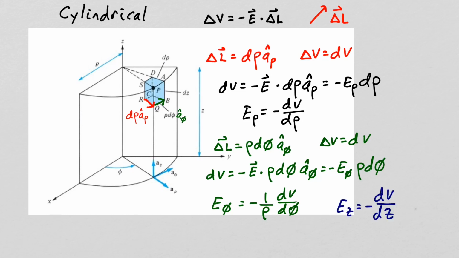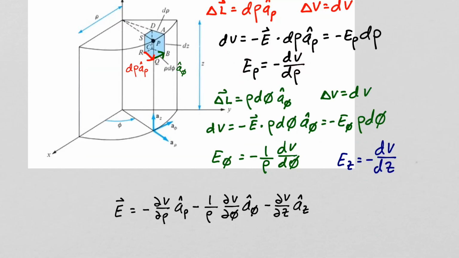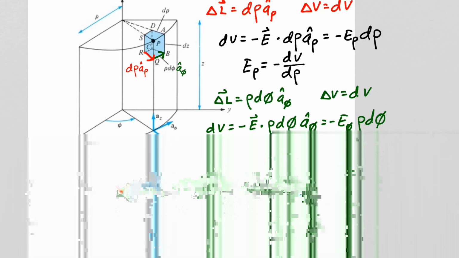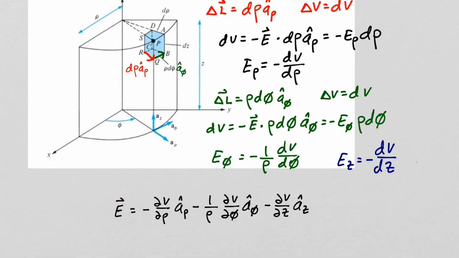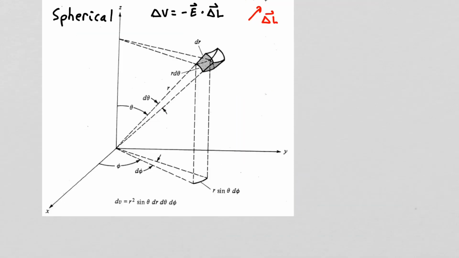Now that we have the three components for the electric field intensity in cylindrical coordinates, we can write the equation for determining the electric field intensity from the potential field. Let's now look at the spherical coordinate system. We adjust the voltage probe to be of length dr in the r direction, and the drop across it will be dV.